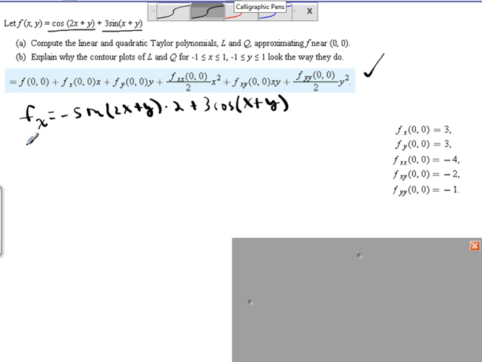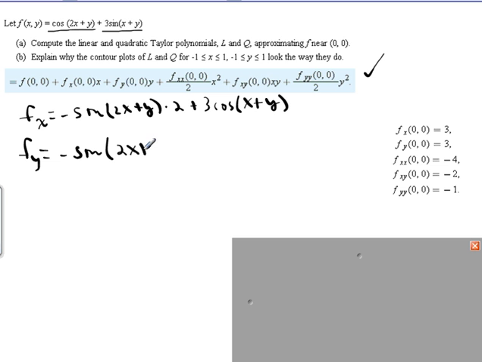And f partial y equals negative sine of 2x plus y plus 3 cosine of x plus y. And if we plug in the point 0, 0, we're going to get negative sine of 0, which is 0, plus 3 cos of 0, which is just 3.